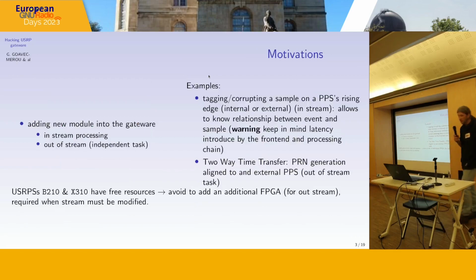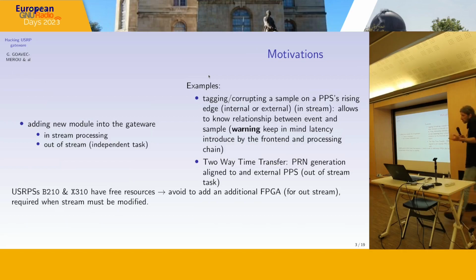The motivation for modifying the USRP is to update the in-stream processing, so to add something, to modify samples, to add, why not, an FFT, or simply, like this one, to just replace one sample by a tag on an event, an external or internal event, the rising edge of a PPS or anything.